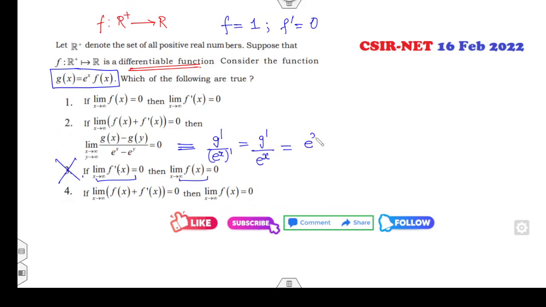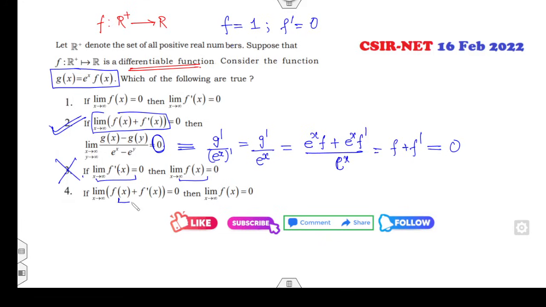g dash will be e^x into f plus e^x into f dash, divided by e^x, which is f plus f dash. Now it is already given that this term is 0. Yes, this is satisfied. Similarly, whenever f plus f dash is 0, that means f(x) is 0. How? You can see g is e raised to power x into f.